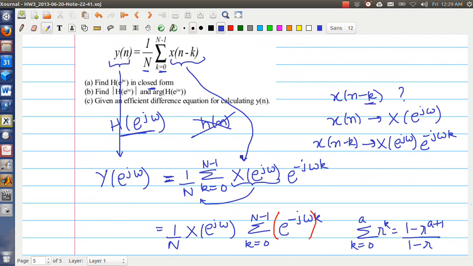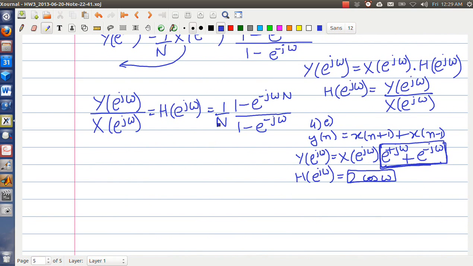We are further asked the magnitude and phase of this frequency response. Now there are two ways to do this. You can decompose an exponent as a cosine plus a sine, do it both here and here, find the real part and the imaginary component, and then do the magnitude thing.